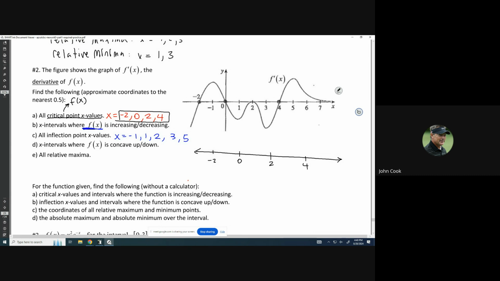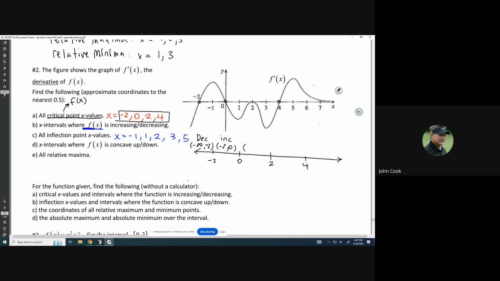And then from that, we broke it up into intervals where it's going to be either increasing or decreasing. So we went from -infinity to -2, and on that one, we said that since it's below the axis, it's going to be decreasing. And then the other one was from -2 to 0. On that interval, it's above the x-axis, so we're saying that it's going to be increasing.